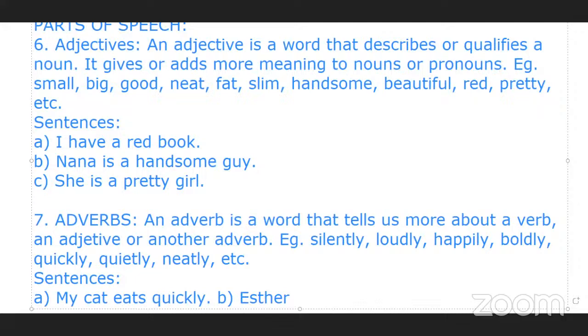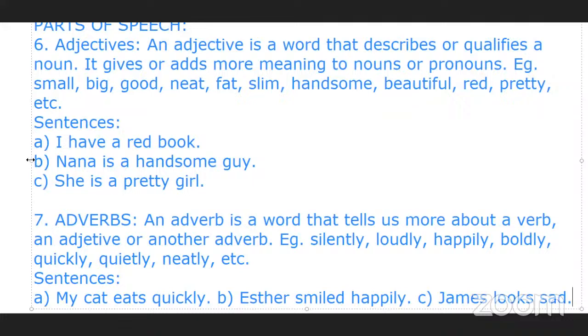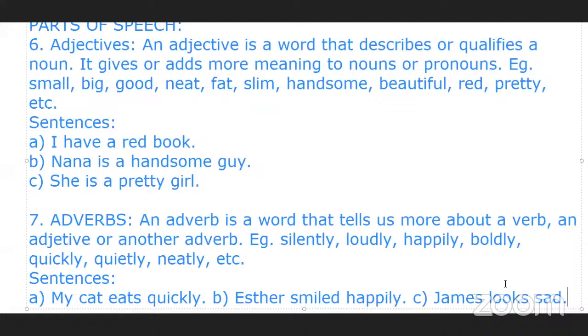Esther smiled happily. James looks sad. Yeah, I think we can modify it, I need more space.